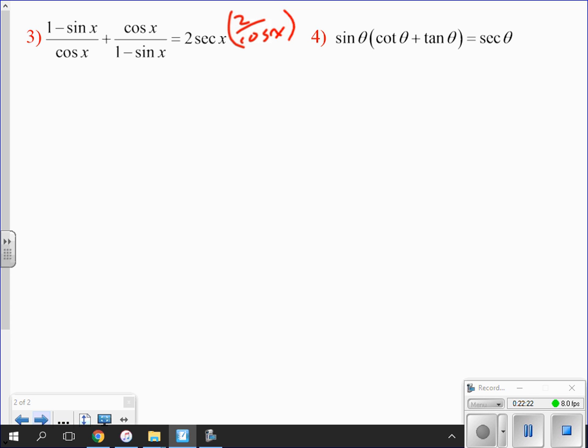Okay. So on this one, I have 2 fractions. Best thing to do, combine them up into 1. Common denominator, combine them up into 1. So I take the first fraction and multiply it by 1 minus sine x over 1 minus sine x to get 1 minus 2 sine x plus sine squared x over cosine x times 1 minus sine x.